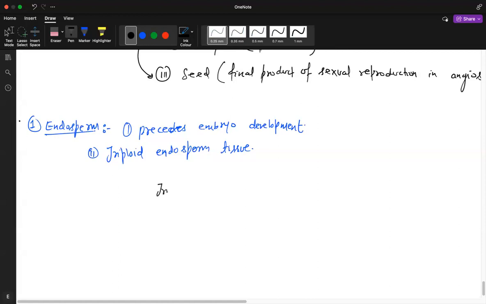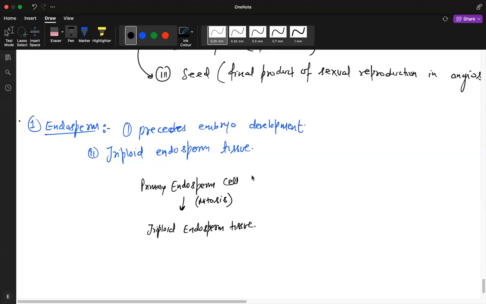You have the primary endosperm cell, which divides through mitosis to form triploid endosperm tissue, right?